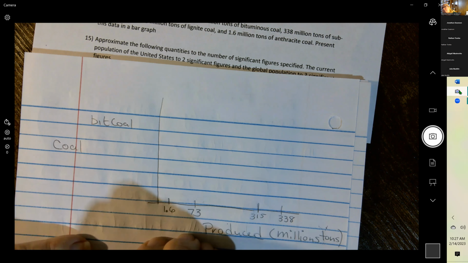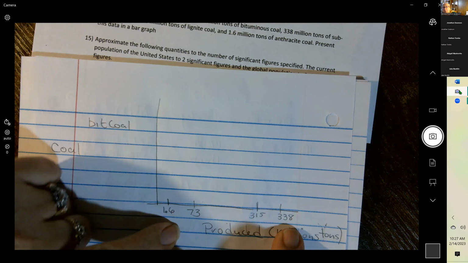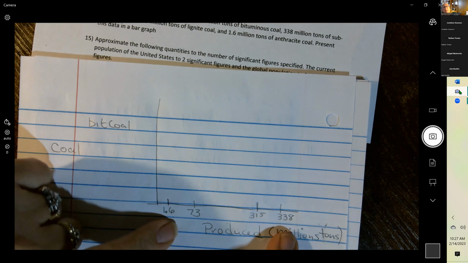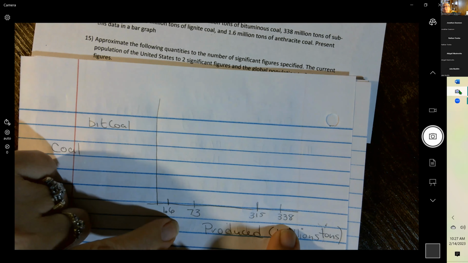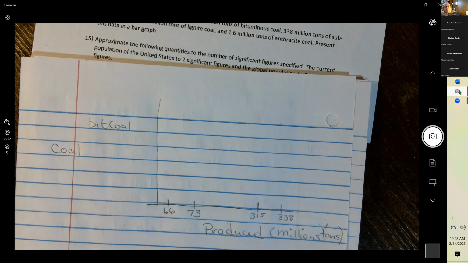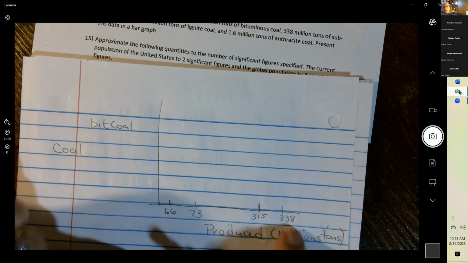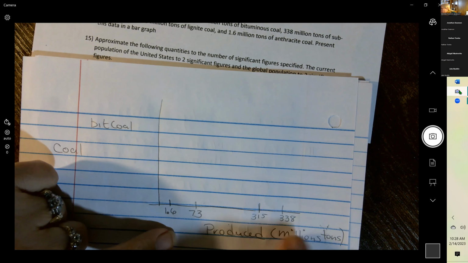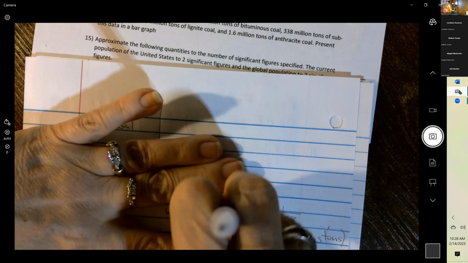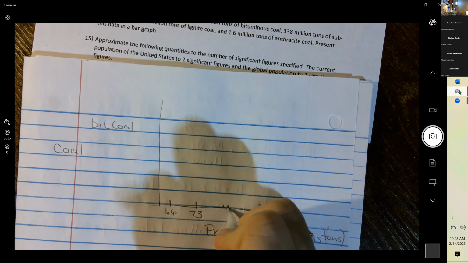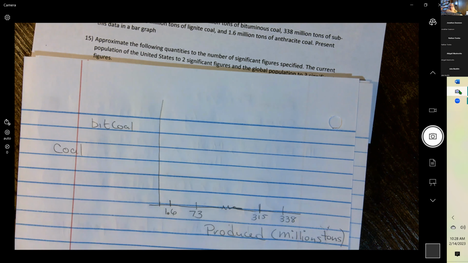What's interesting when we're drawing it is that this gap is a lot bigger than I am portraying it. Sometimes in science, when they're writing a paper on it, they want you to think there's not that much difference between them. So they'll show them closer and squeeze those units in. They can put a little line like this, which means there's a break, so that you could see all of it.